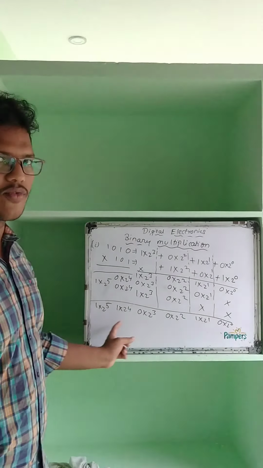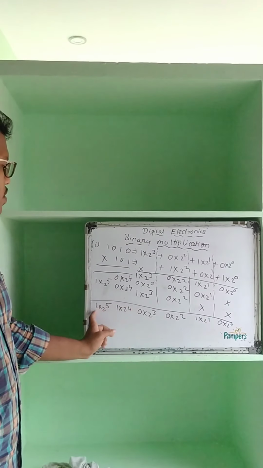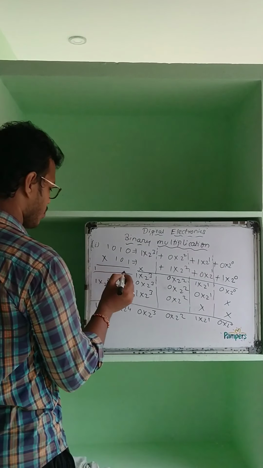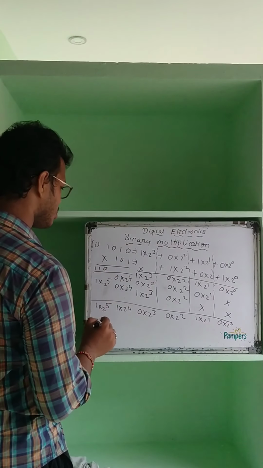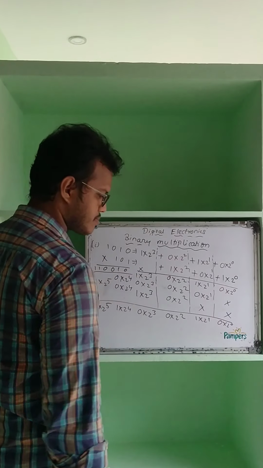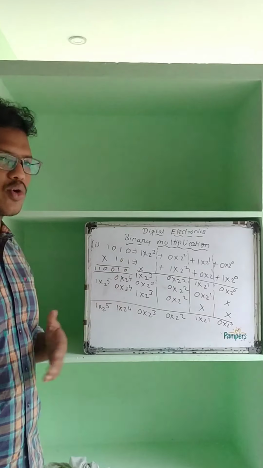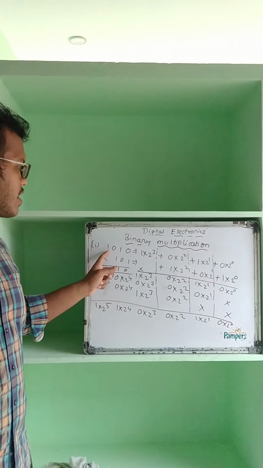So neglect all the weighted terms and write only the 1 1 0 0 1 1 0.